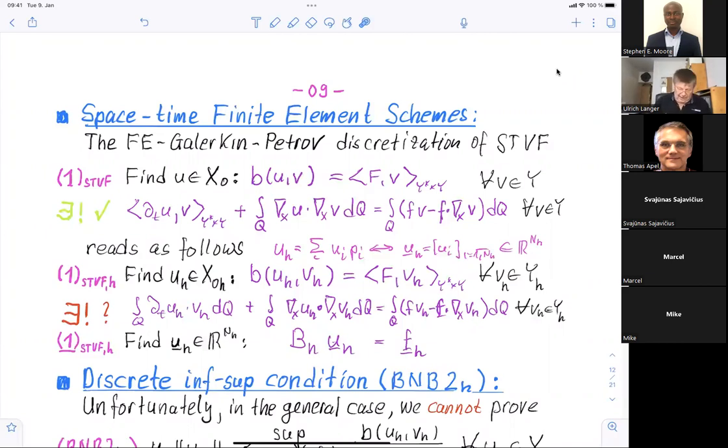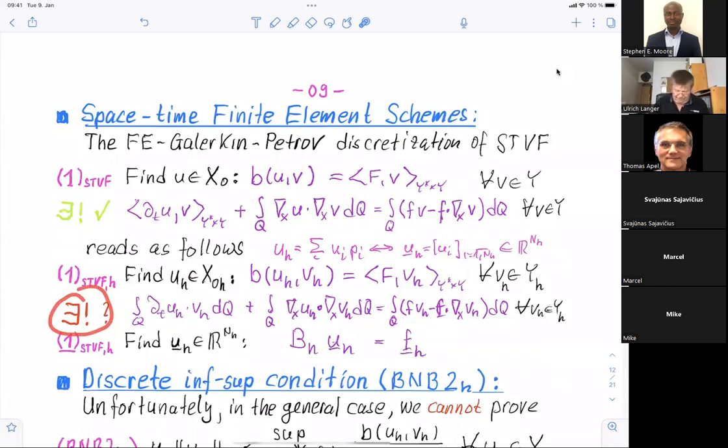So now I look for the solution in my finite element space such that, as usual, the variational formulation is fulfilled for all test functions. This space and this space are the same; it's enough that they have the same dimension. Again, we have the question of existence and uniqueness and error estimates. This is clear. I will come back to this.